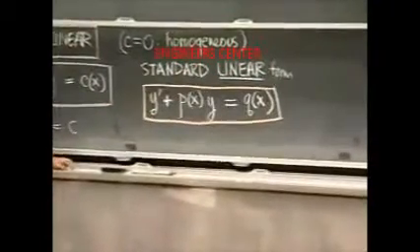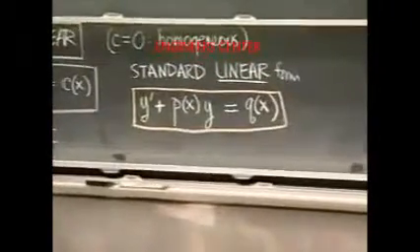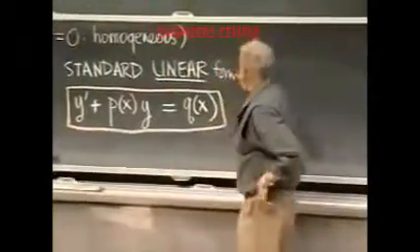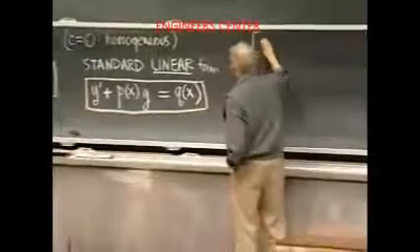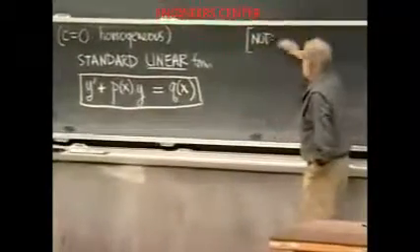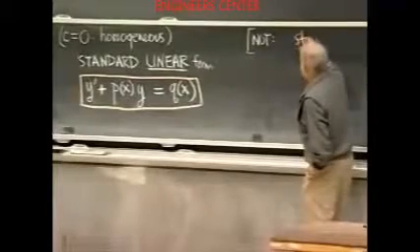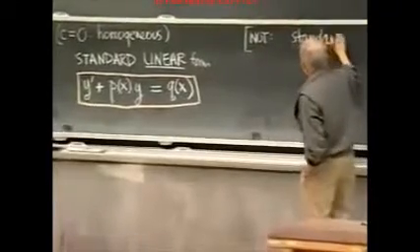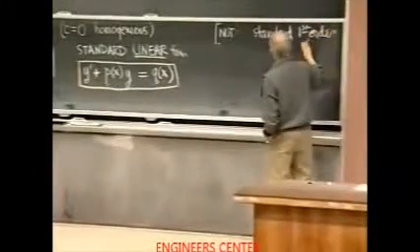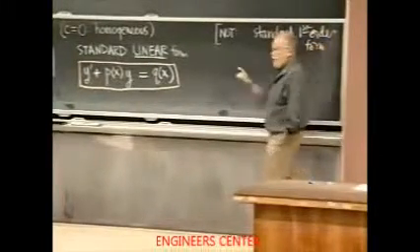Now, you immediately see there's a potential for confusion here, because what did I call the standard form for a first-order equation? So I'm going to say not this. The standard first-order form, what would that be?